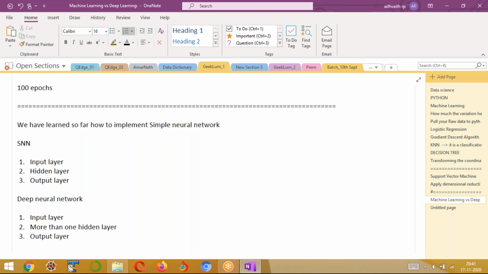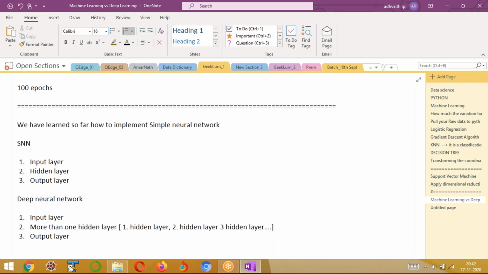It depends on the case. You may choose hidden layer 1, hidden layer 2, hidden layer 3, and so on. Understand that this is when we call it a deep neural network.